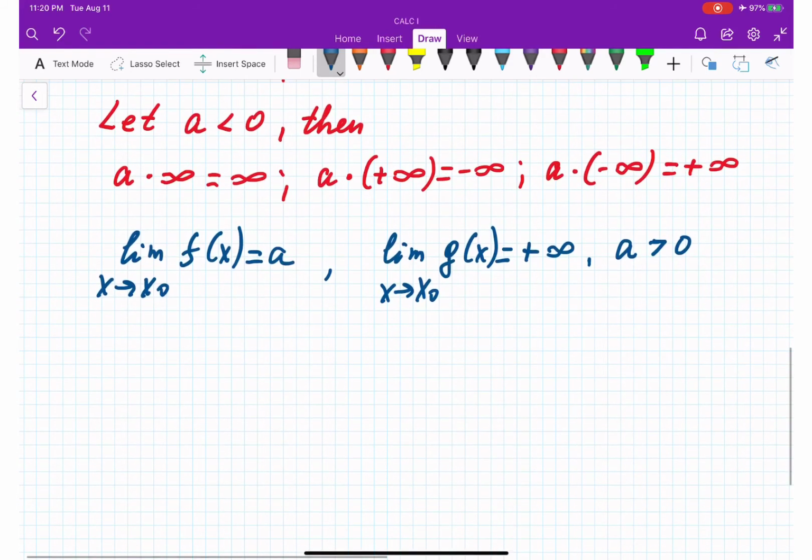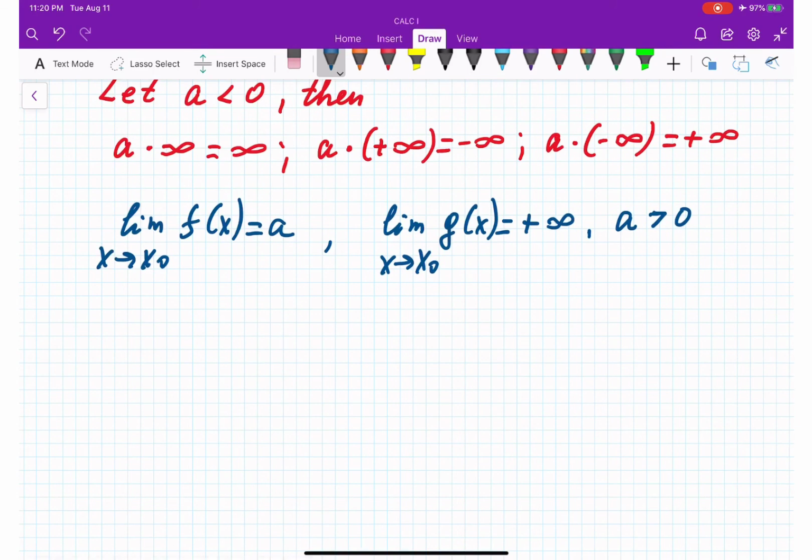Okay, then what do we have? The limit of f of x plus g of x when x approaches x0.